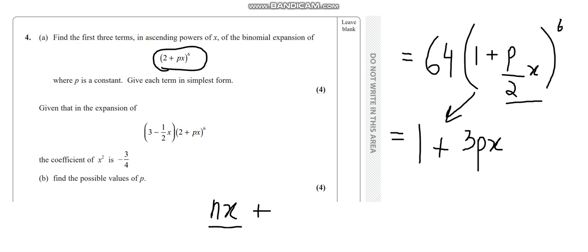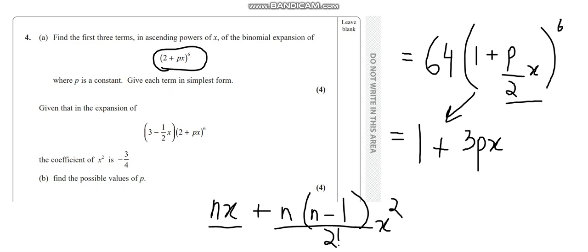This was the formula for the second term, n into x. The formula for the third term, if you can remember it, that's good for you, but I guess it will be given in the formula booklet, is n into n minus 1 into x squared, divided by 2 factorial. N is the power, that will be 6. Sorry, I forgot that the division is by 2 factorial.